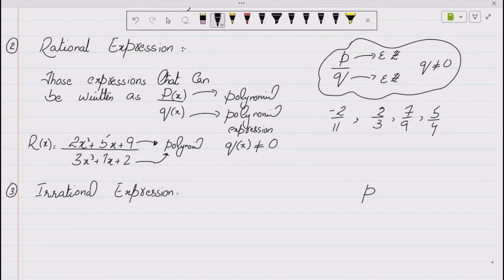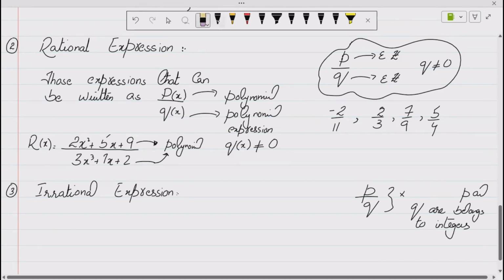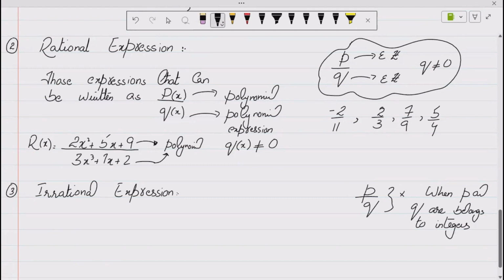Irrational numbers are those that cannot be written in the form p upon q, where p and q are integers and q is not equal to 0.